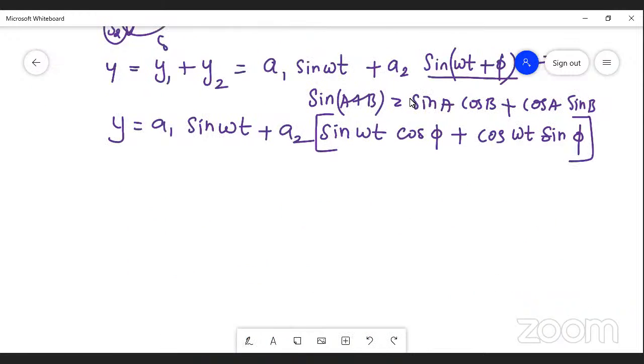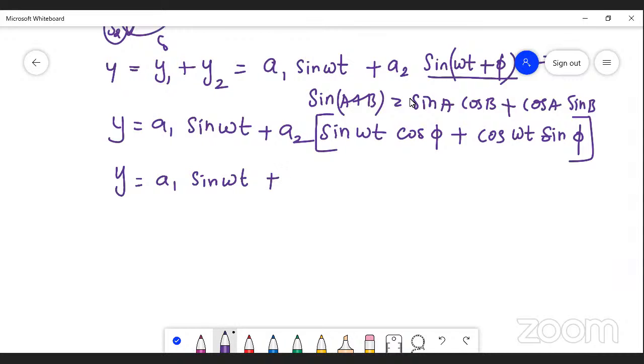It's very important. I want to simplify the equations. Y is equal to a1 sin omega t plus a2 sin omega t cos pi plus a2 cos omega t sin pi.